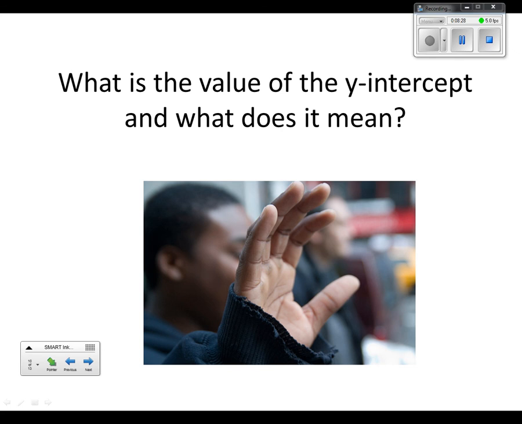Again, we already kind of covered this. What's the value of the y-intercept, and what does it mean? The y-intercept is the value of y when x equals 0. In this case, it's the value of position. I don't know what's wrong with my marker here. Let me fix that.